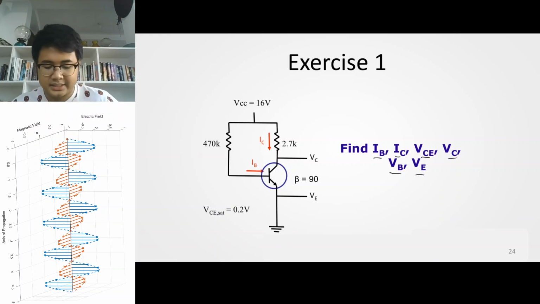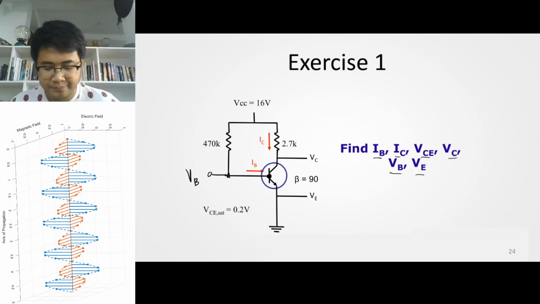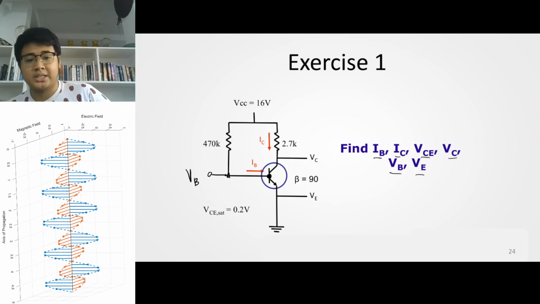For nodal analysis, the first step, if you're not comfortable, is to convert it to an equivalent circuit. For now, I have no space here on the screen, so I won't convert it, but I already know that at this point here is the potential VB, and that's the only potential that we don't know.